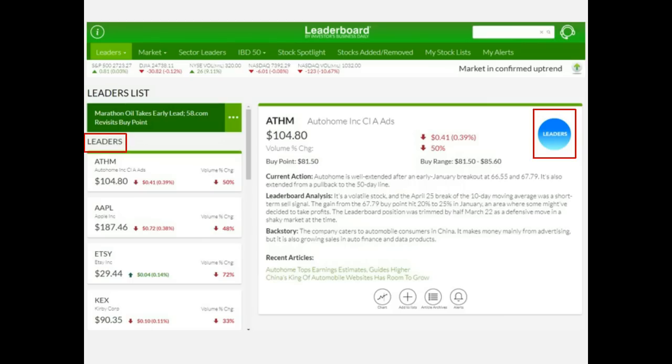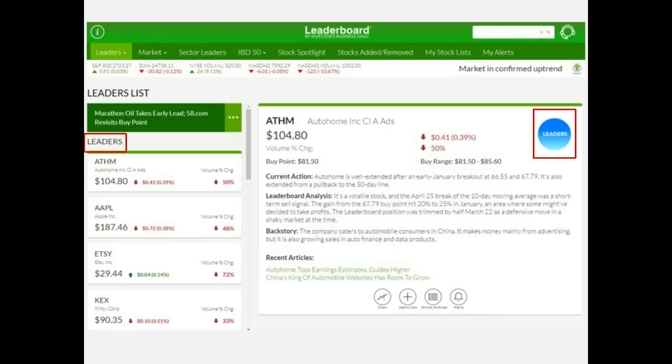So this is just a subset of the leaders list that shows stocks that are basically extended past the buy zone, and we'll look for alternate areas, maybe a pullback to the 10-week moving average, a 3 weeks tight pattern, something like that. But these should be on our radar at all times, right? Oh, yeah. And what happens if they present a new buy point?